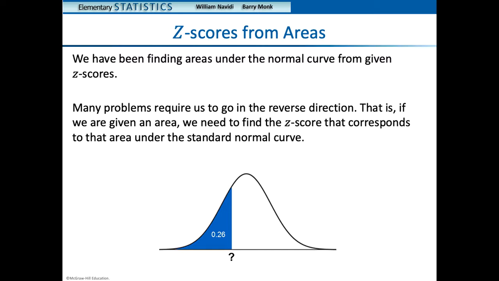But there are many problems that require us to go in the reverse direction. That is, we might be given an area, and then we need to find the z-score that corresponds to that area under the standard normal curve. And then we may need to take that z-score and convert it into an actual data value. So this is going through the process backwards, starting with an area and finding a data value, instead of starting with a data value and finding an area.